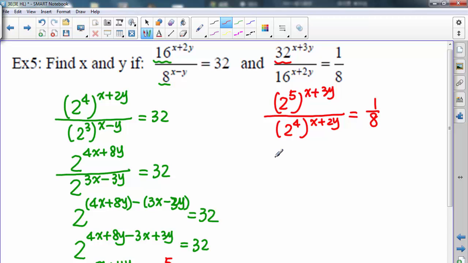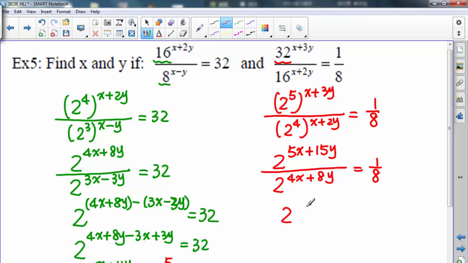So that will be 2 to the power of 5x plus 15y over 2 to the power 4x plus 8y equals 1/8. Subtract the exponents. It's 2 to the power of x plus 7y. And for 1/8, I want to change this to a power of 2 as well. So this one is 2 to the power of -3.